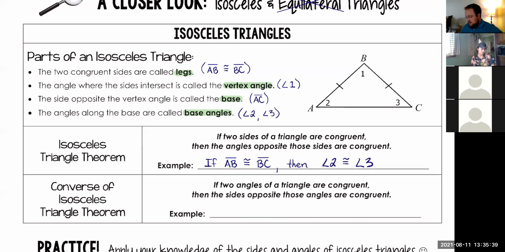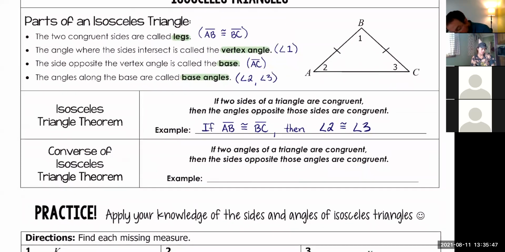Now, the converse says the exact same thing in reverse. So if you knew it the other way around, if you were told that angle 2 was congruent to angle 3, then with absolutely no other information other than this fact, you could safely say that side AB must also be congruent to side BC.